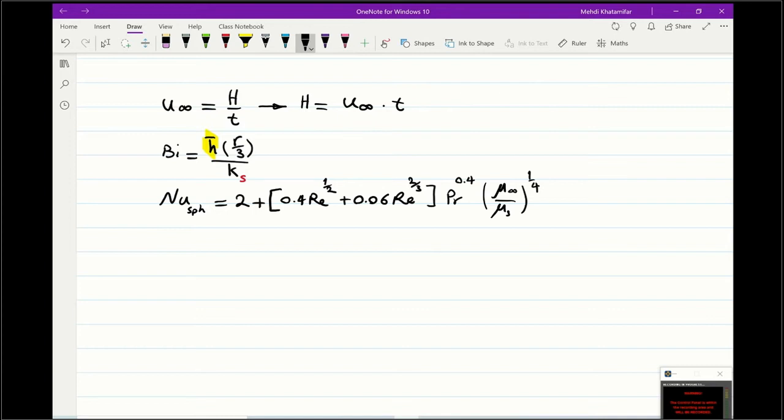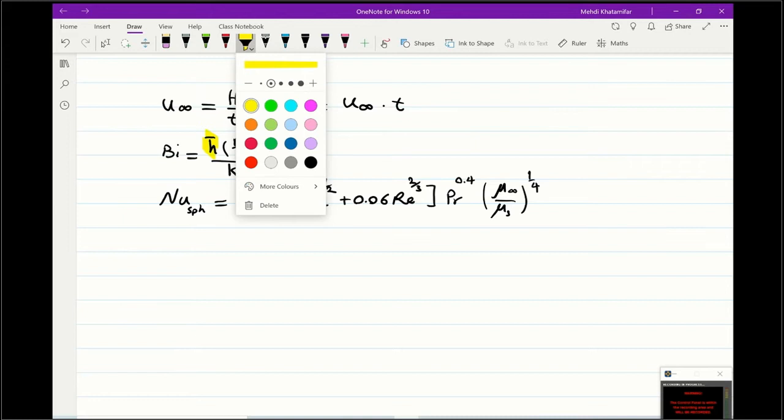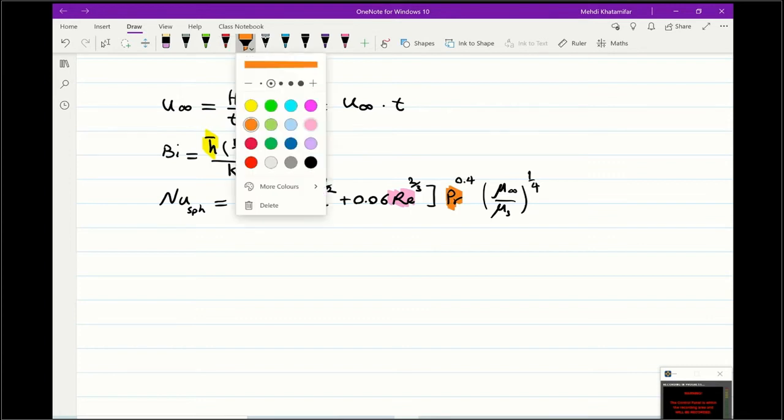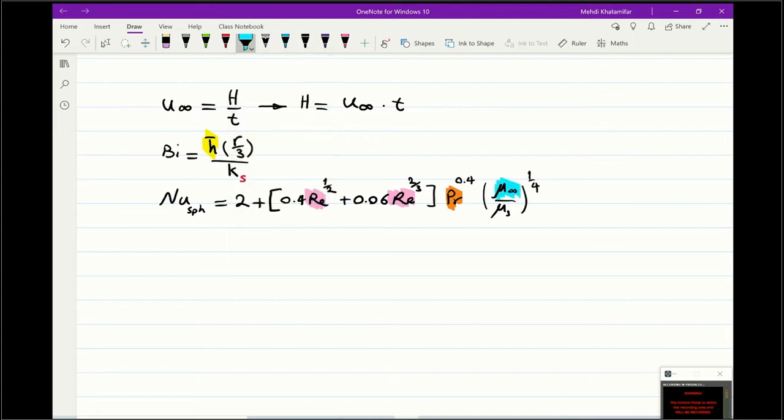Okay, so what are the parameters I need to know? I need to know the Reynolds number, I need to know the Prandtl number, and I also need to know this mu, mu infinity and mu s. So I need to find those.